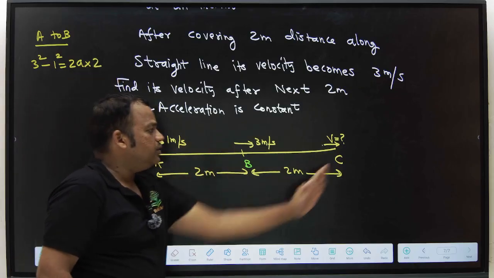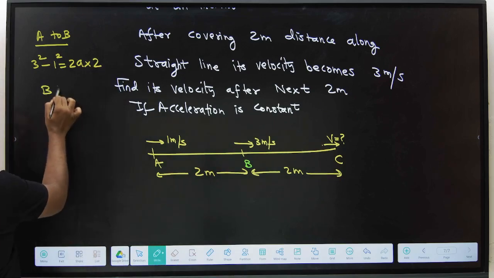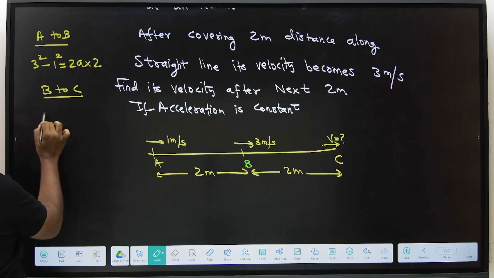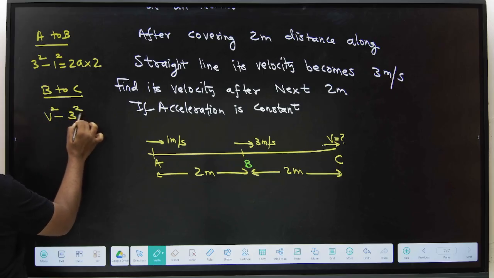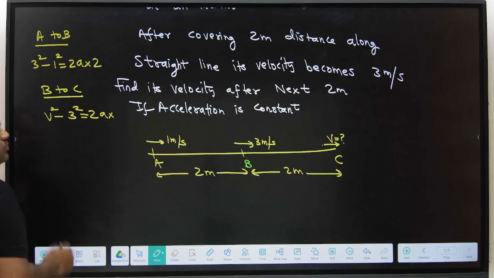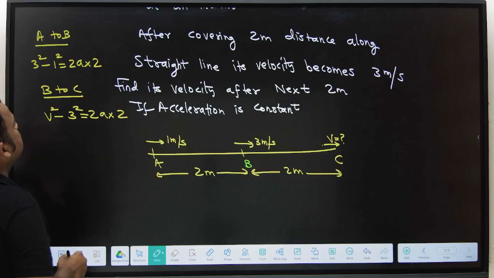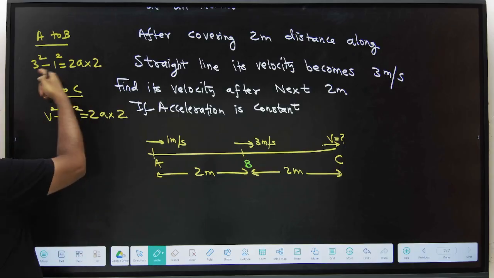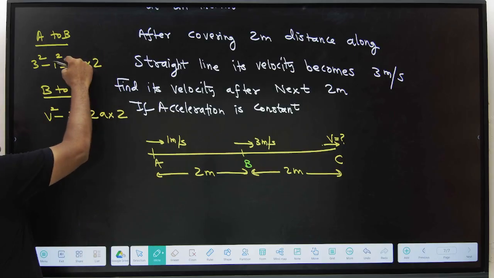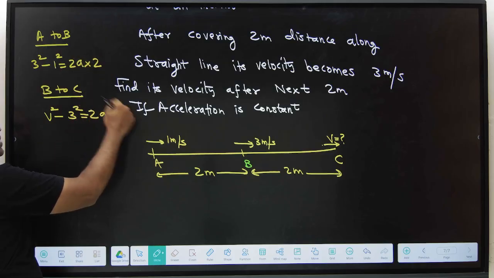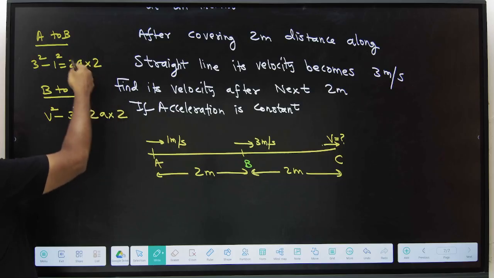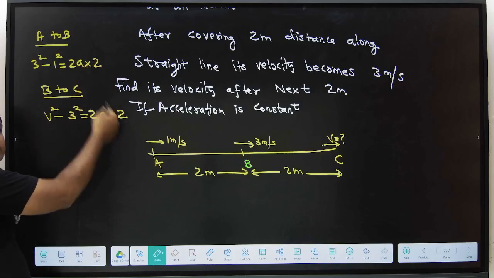Now B to C, we have v square minus 3 square is equal to 2as, s is equal to 2 meter. Look at these equations, right side term is 2as, here also 2as, s is same, 2 and 2. So right hand side the quantity is equal.